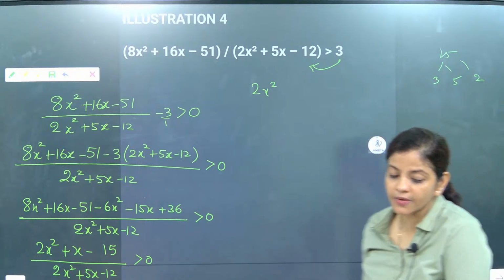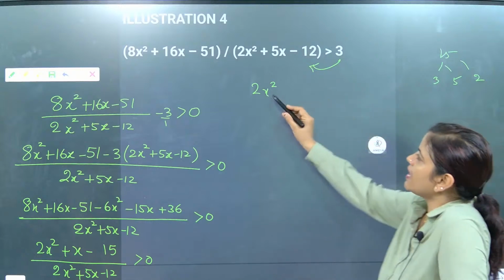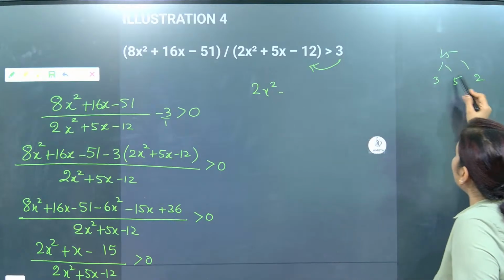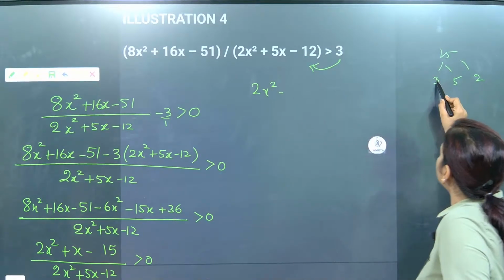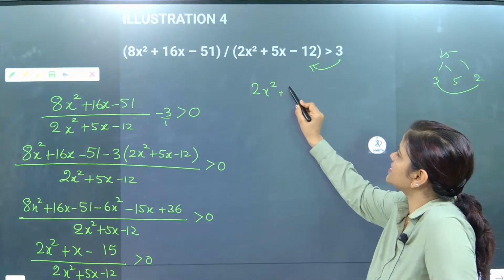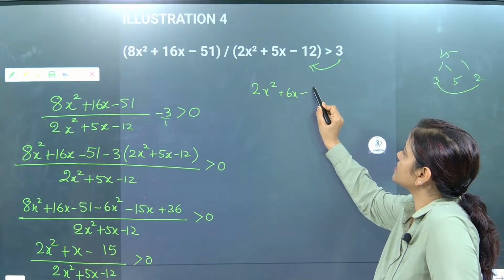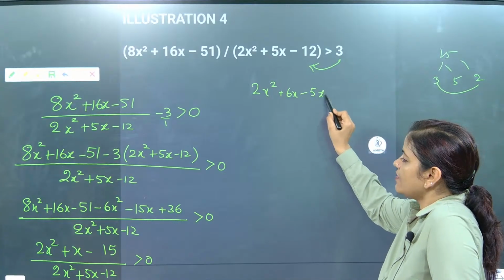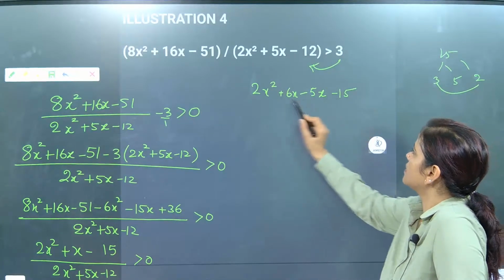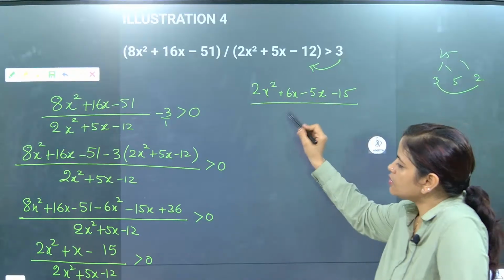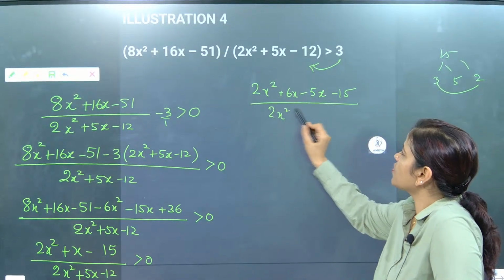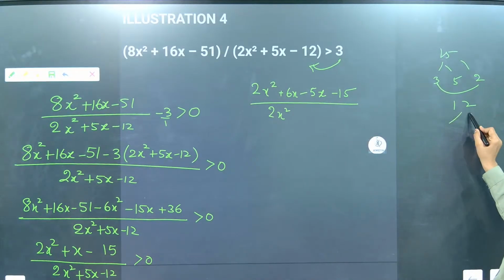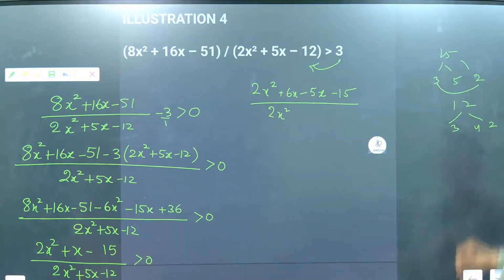So in the middle part we need plus x. So what are we going to write? 2x square plus 6x minus 5x minus 15. In the denominator part also we can do 2x square. 12 will be written as 3 and 4, and 2 is there.